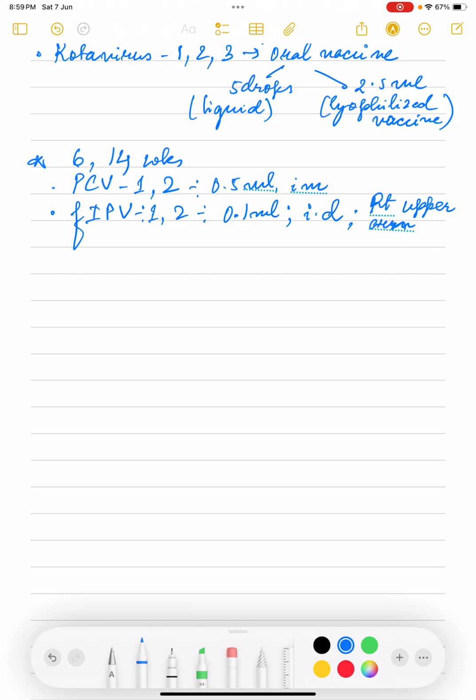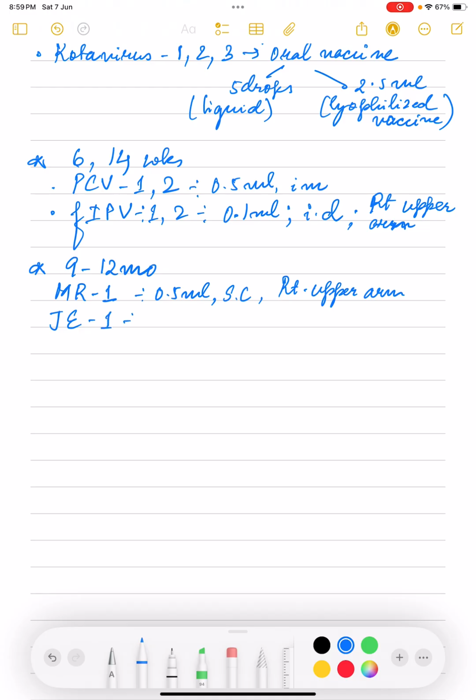Now next we'll move to 9 to 12 months. During this age period, the first vaccine we give is MR1. It is 0.5 ml subcutaneous, given in right upper arm. The second vaccine is JE1.